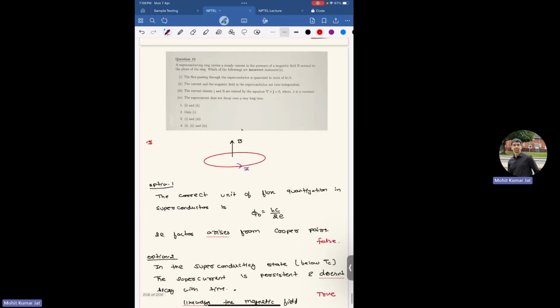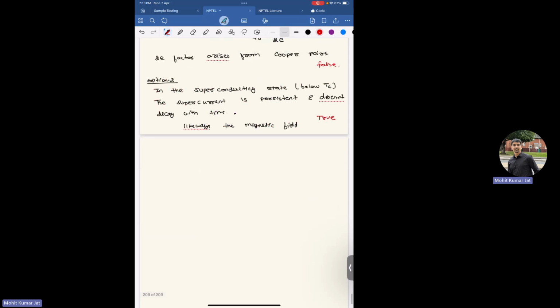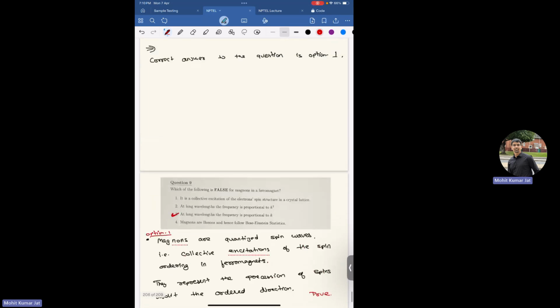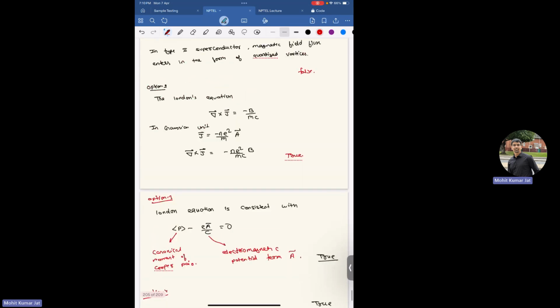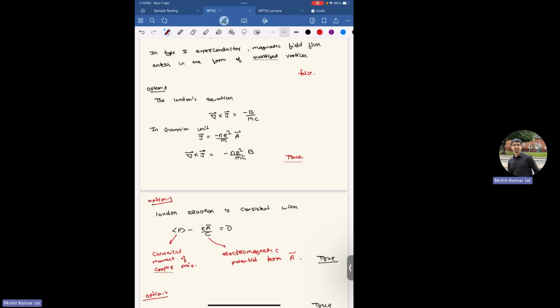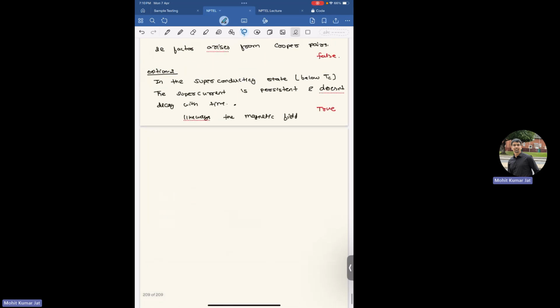The question says the current density J and B are related by the equation curl of J equals 0, where lambda is a constant. This we have already discussed. That curl of J in this problem, if you see, is minus n e square over m times B, the London equation basically. So let me copy it and I will paste it here. Option 3.